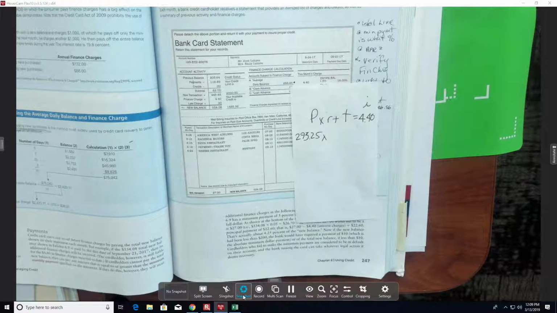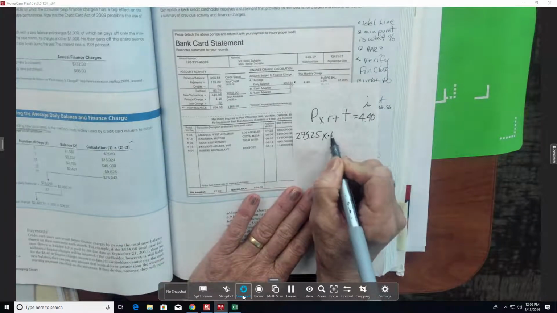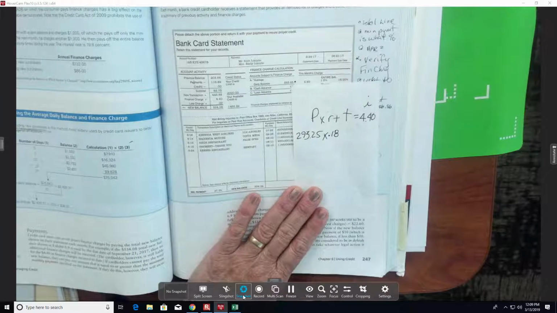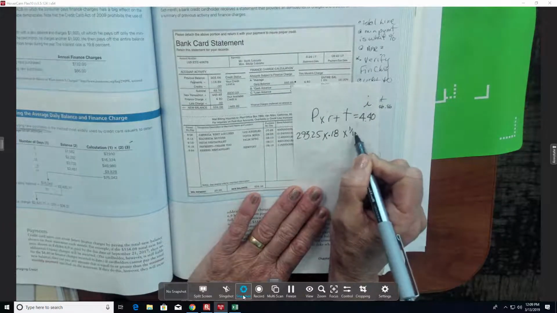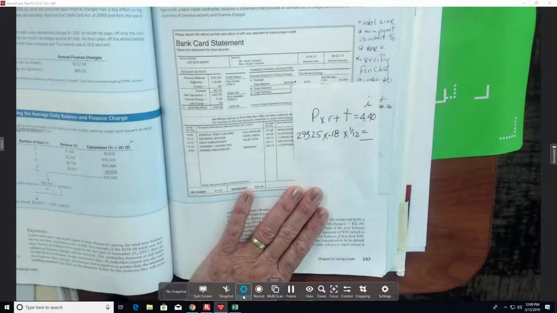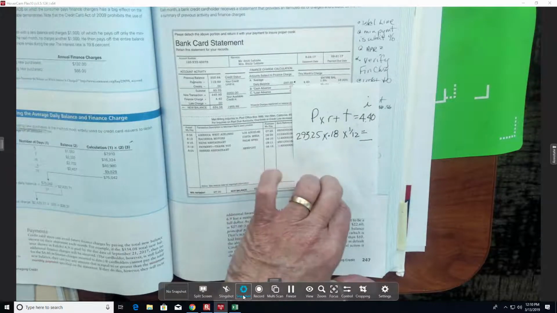And honestly, if you've got a mathematical mind and you can extrapolate to that, have at it. That's great. But for most of us, we need to go through the same methodology time after time. Principal and rate is APR, right? And the time is 1/12. Does that equal $4.40? Yeah, it does.